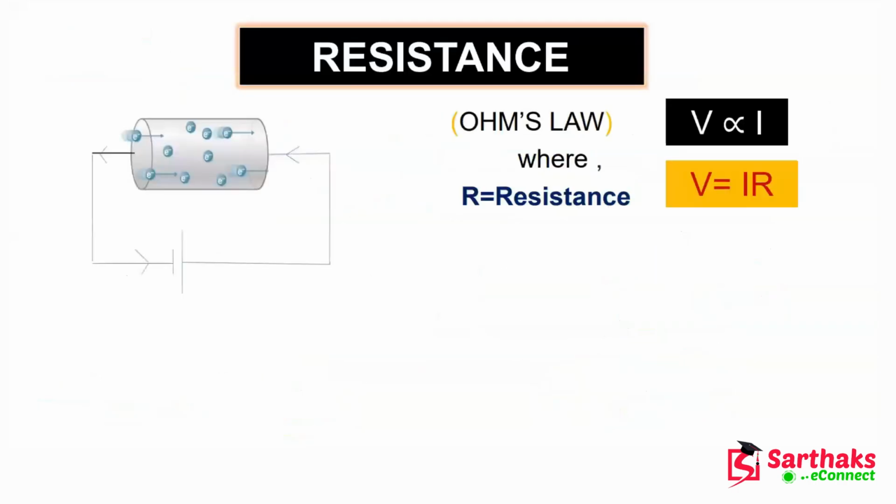So here in this slide, we will discuss more about resistance. Now, let me tell you conceptually, what is this resistance? Basically, you can see that this is a wire, a metallic wire.